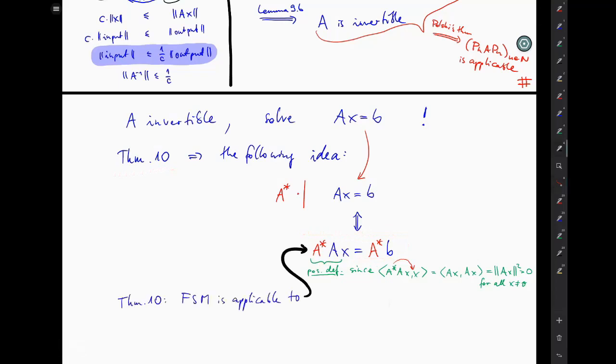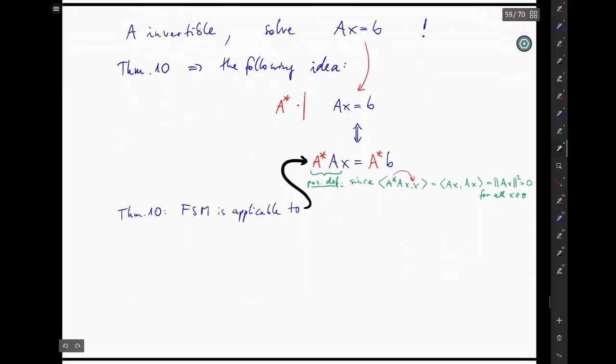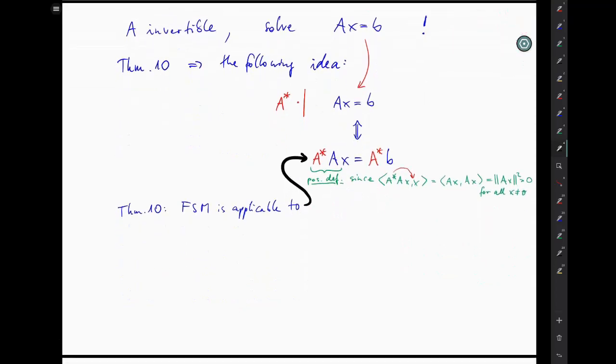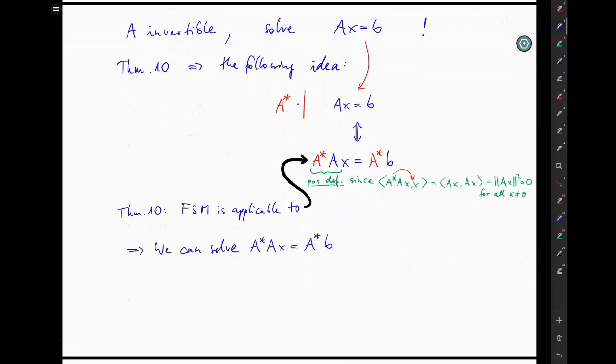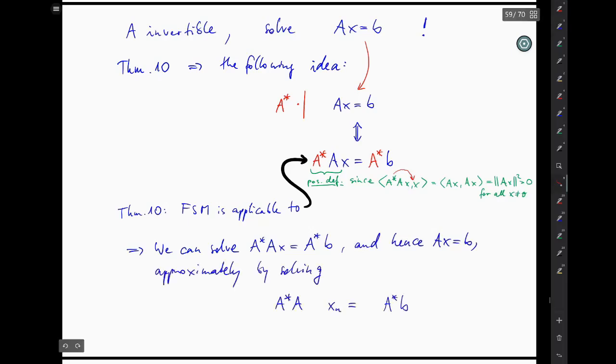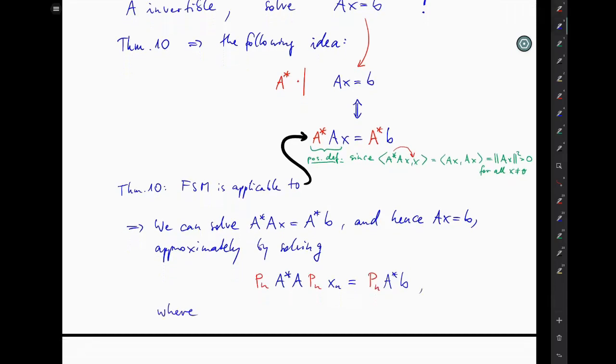So that Theorem 10 says that we can solve our new system and hence our original system approximately by solving the projected equations, where you take your equation here and simply put Pn's to both sides of the operator and in front of the right-hand side. And the only assumption on your sequence Pn is that they are orthogonal projections that converge strongly to the identity.